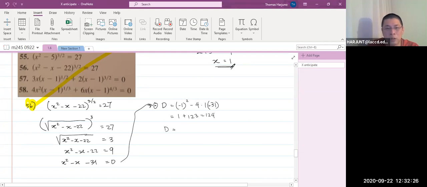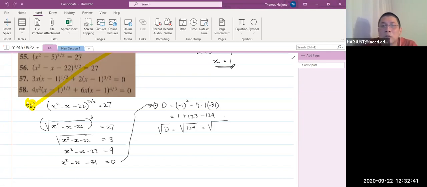The square root of 124, I think, is 4 times 31. Oh, no. Yeah, that's 31. 4 times 31.